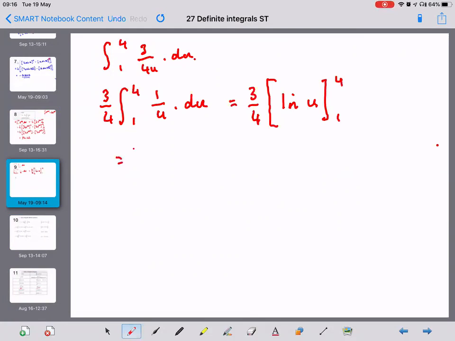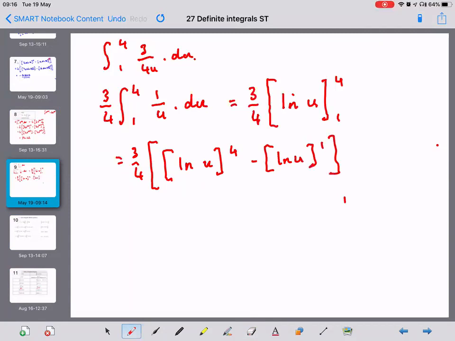That equals 3/4 of ln 4 when u is, hang on, I'm one step ahead of myself. ln u when u is 4 minus ln u when u is 1. Close the outside brackets.